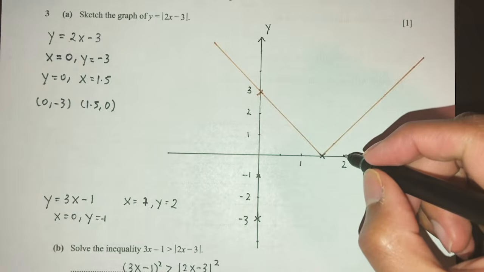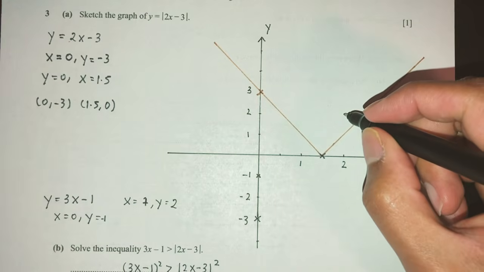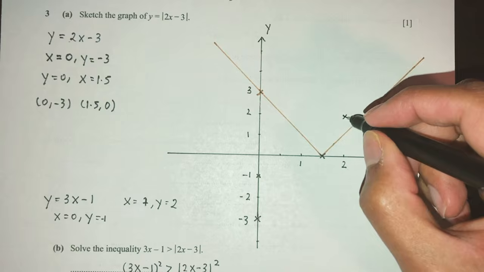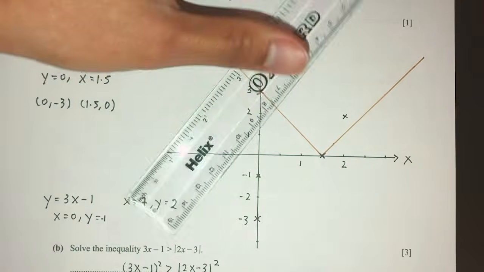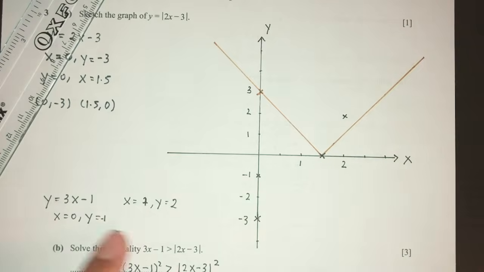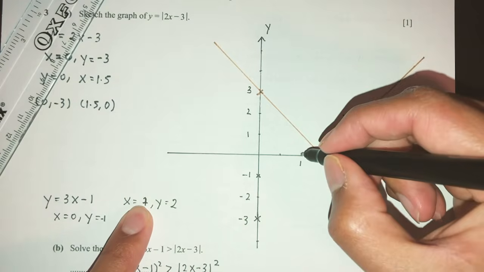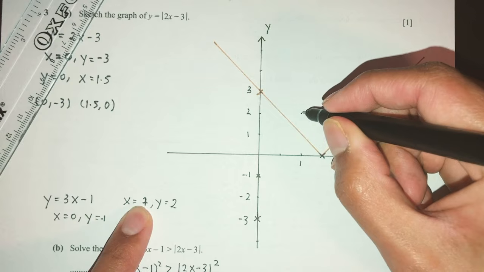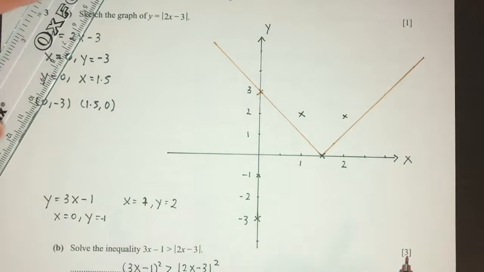So 2, let's say, will be about this point. It's only a sketch. So now by joining those two, you will form a, sorry, it's 1, not 2. Okay, 1, 2. 1, 2 should be right here. Okay, so you gotta be careful.